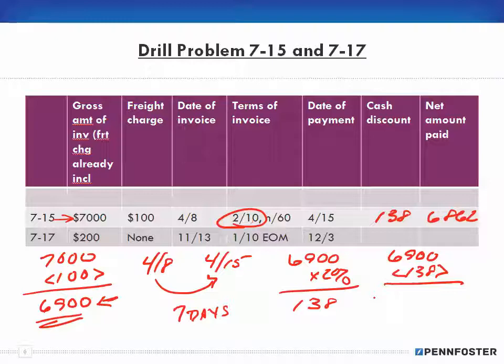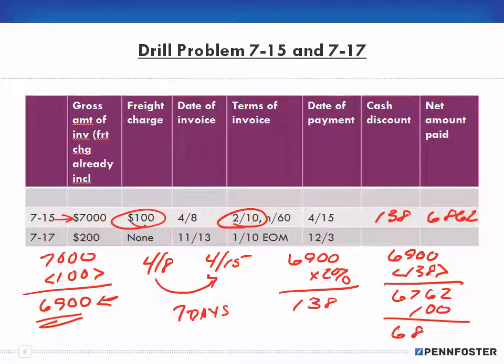Let's see here, 6,900 minus 138, I would have ended up with 6,762. But remember, that's off the selling price. It doesn't include the $100 in freight. So I would have had to add back in the payment for the freight, and I would have ended up with the same amount, 6,862.